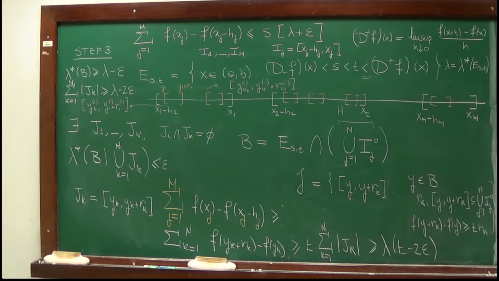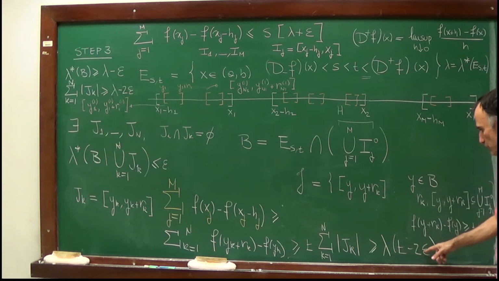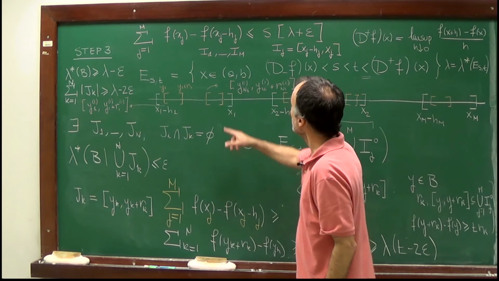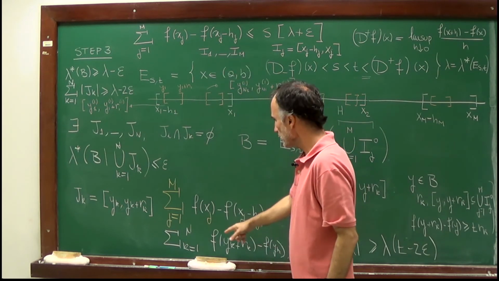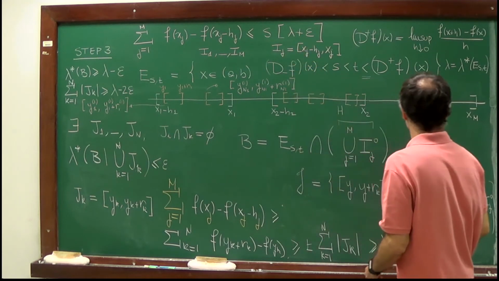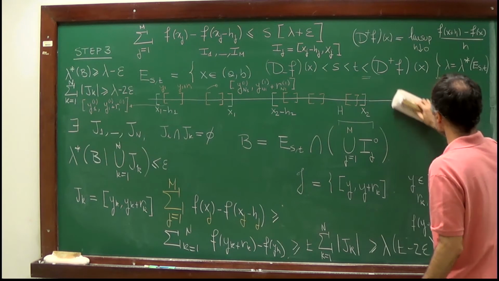Okay? So now, let's see what we have. So let's read these inequalities. We have that lambda, which is multiplying t minus 2 epsilon, is smaller than that, which is smaller than that, which is smaller than that. But here, we proved that this sum is bounded by that one. So, what is the conclusion of all that?